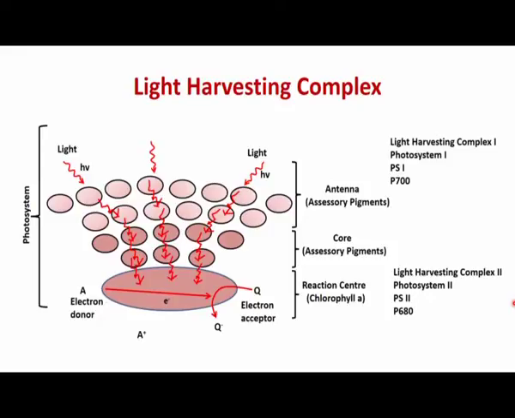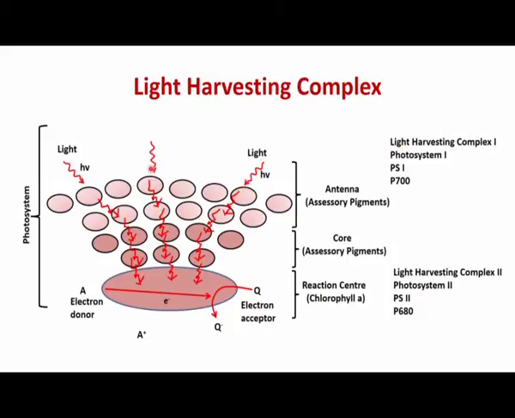So, the reaction center of photosystem 1 is made up of a dimer of chlorophyll A P700, and it has an antenna complex where approximately 70 to 80 chlorophyll molecules are present, along with 10 to 12 molecules of beta carotene.